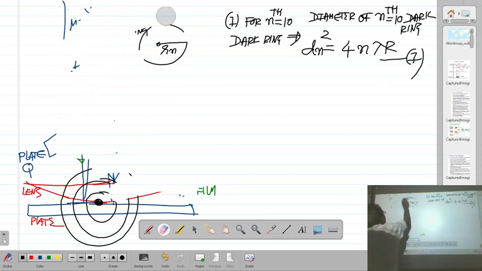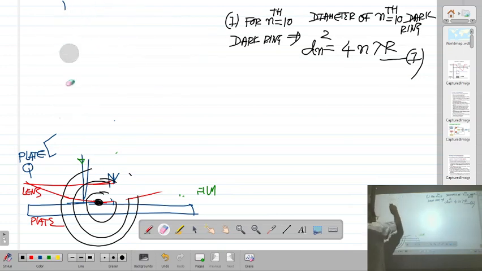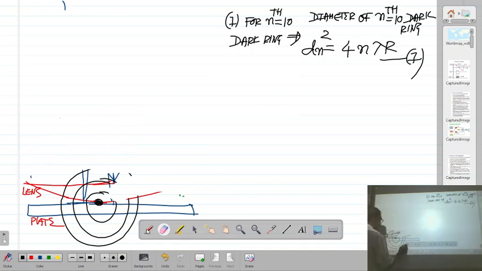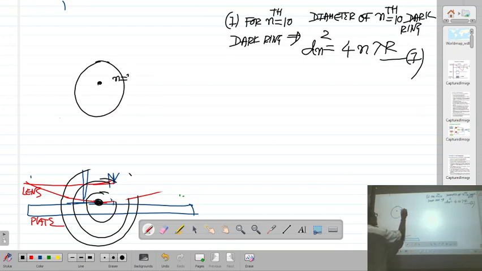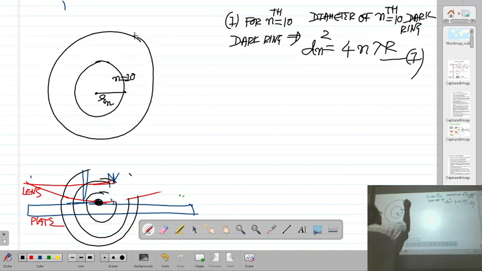I am considering two rings. One ring I consider is n equal to the 10th dark ring, and its radius is rn, so its diameter will be dn. And the second ring I am considering is n plus m.